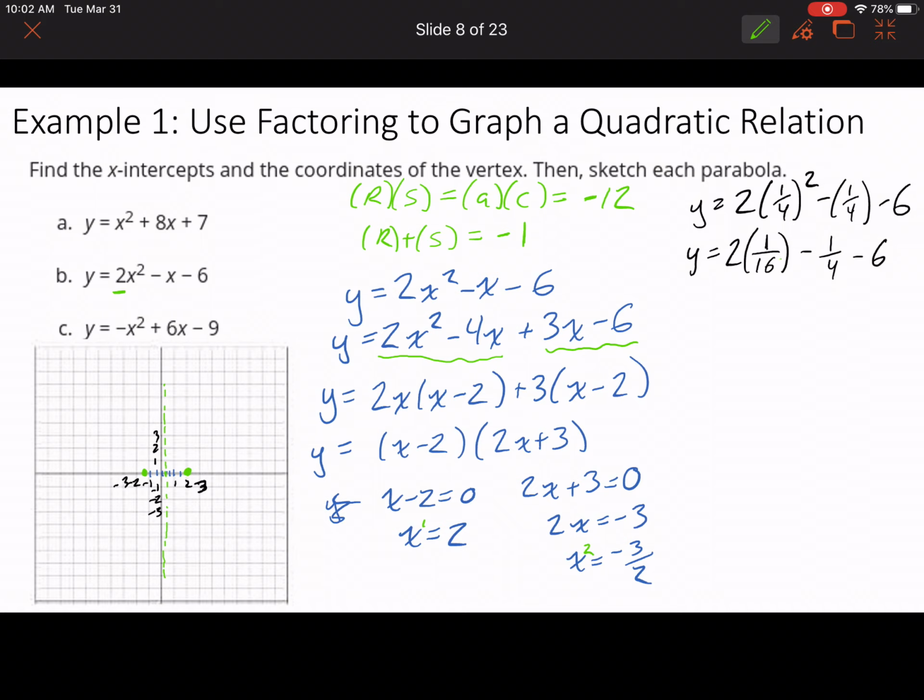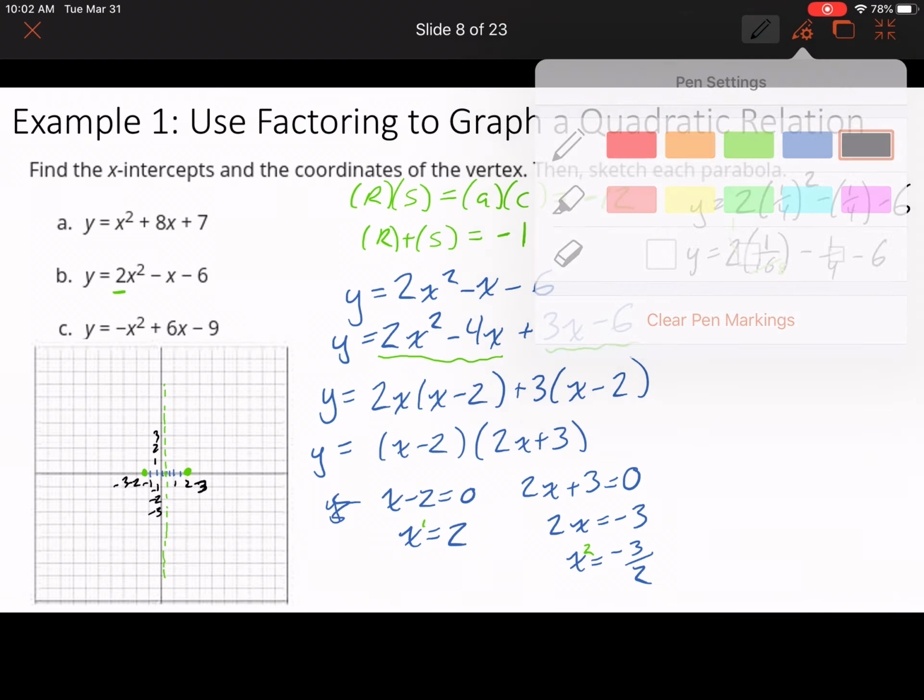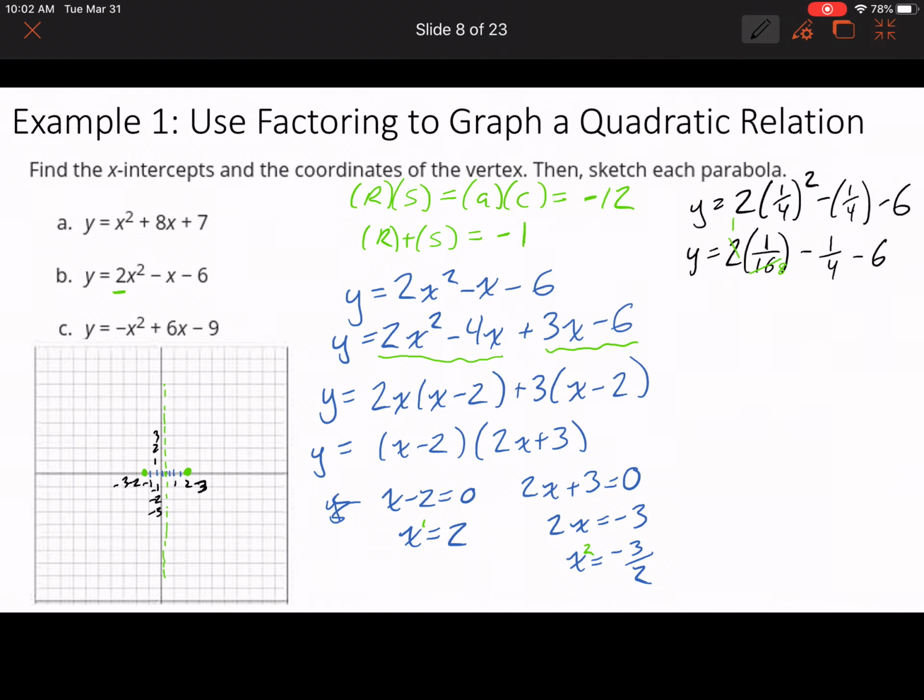Again, we can cross cancel and make this an 8, make this a 1. We divided them both by 2. 2 divided by 2 is 1. 16 divided by 2 is 8. y equals 1/8 minus 1/4 minus 6.